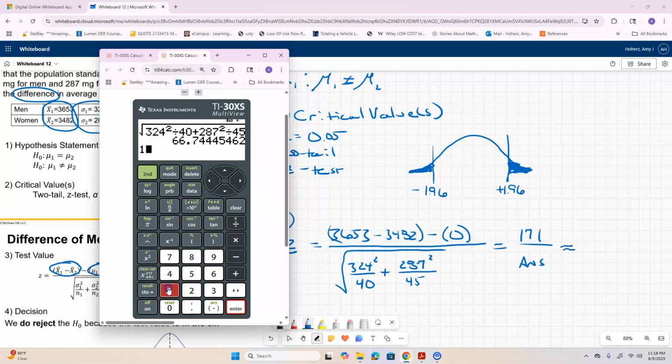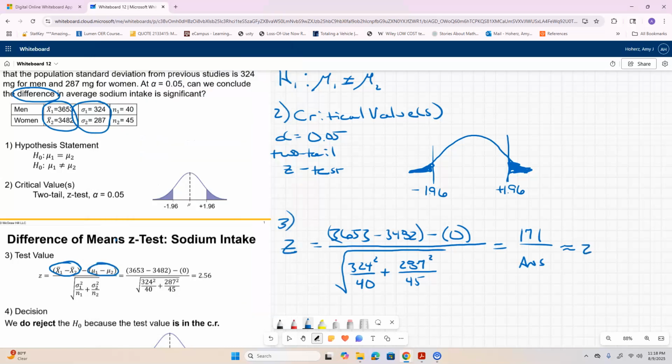So we're going to do 171 divided by that answer, which gets us about 2.56, which does fall high enough to be in the critical region, in the rejection region. Okay, it would be up in this area, it would be above the 1.96.